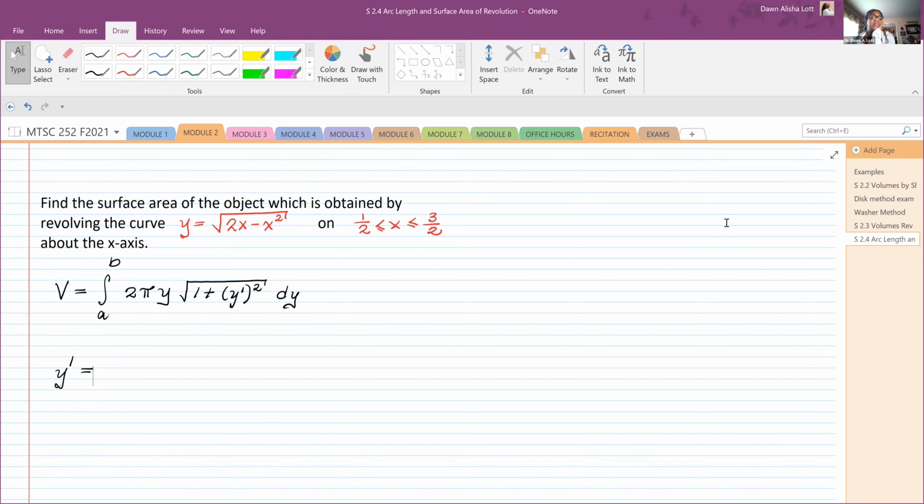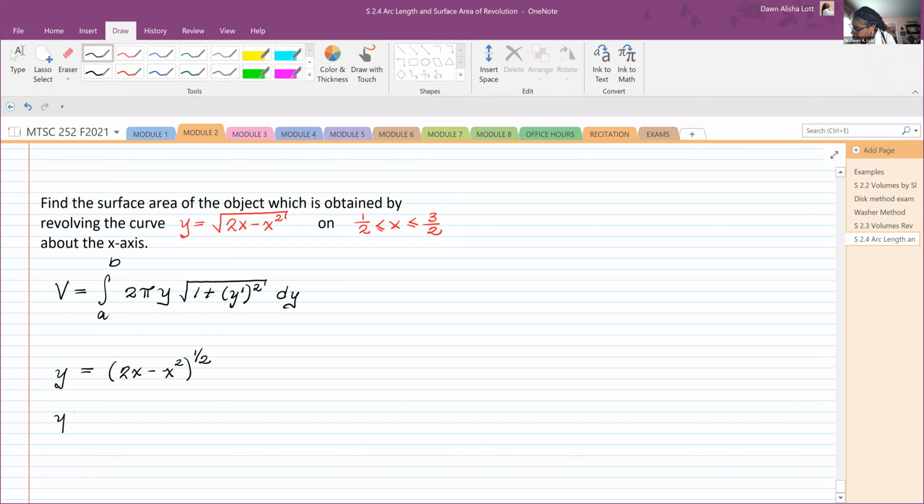How do you take the derivative of this thing? Would it be 1 minus x over 2x minus x squared all raised to the 1/2? That is correct. Okay, so y is equal to 2x minus x squared to the 1/2 power.